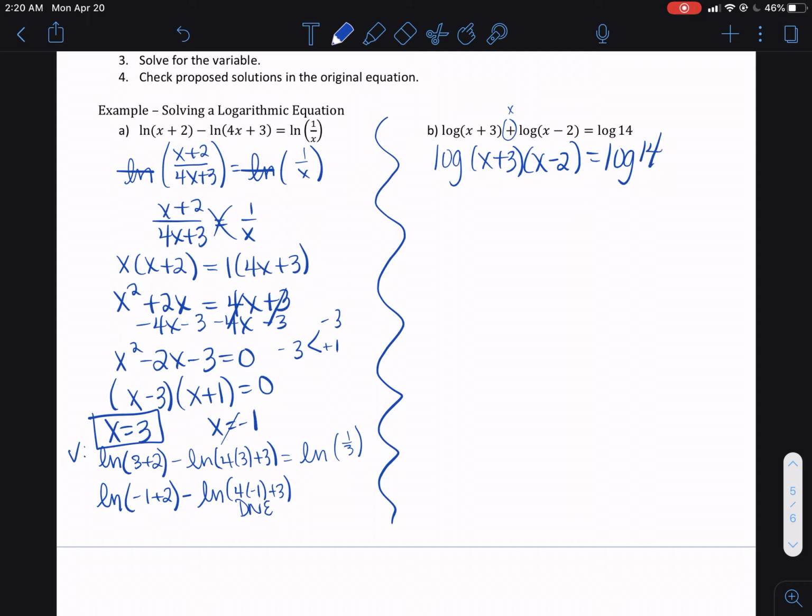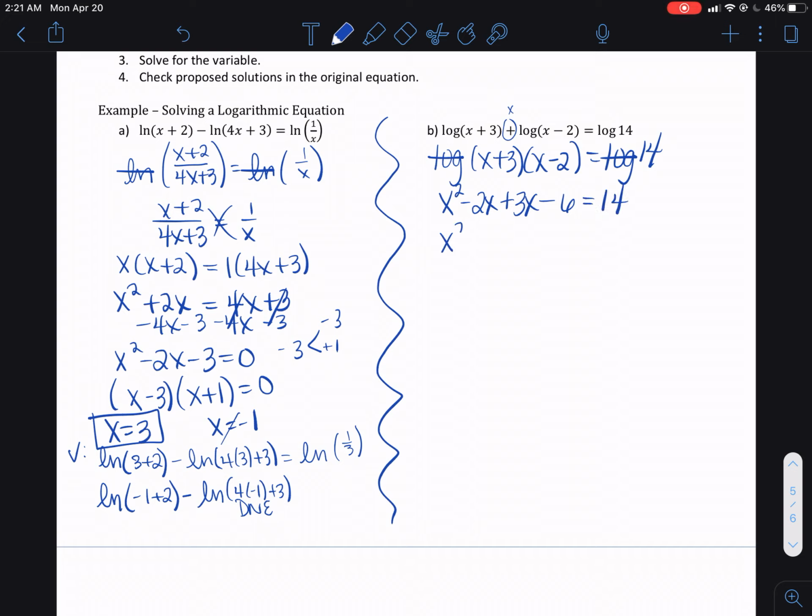So since we have log on both sides, those cancel. And we're going to FOIL this left-hand side. So we have x times x is x squared, x times negative 2 is negative 2x, 3 times x is 3x, and 3 times negative 2 is negative 6, which equals 14.